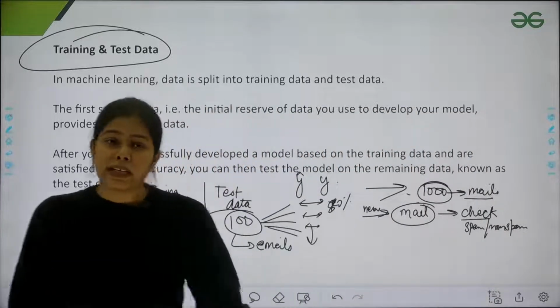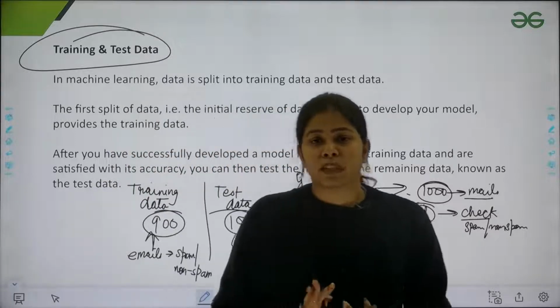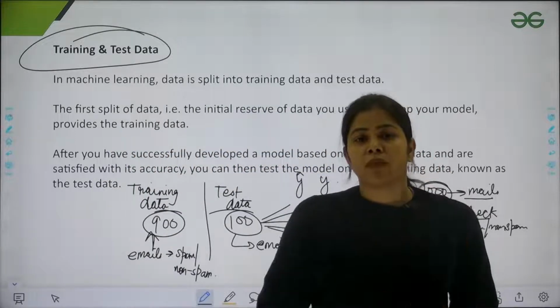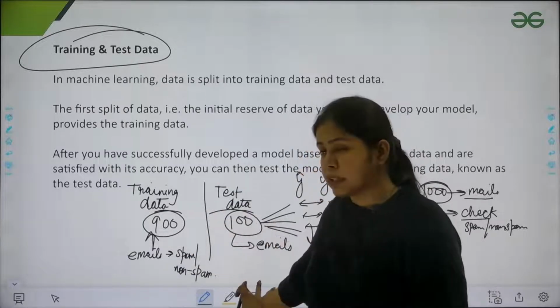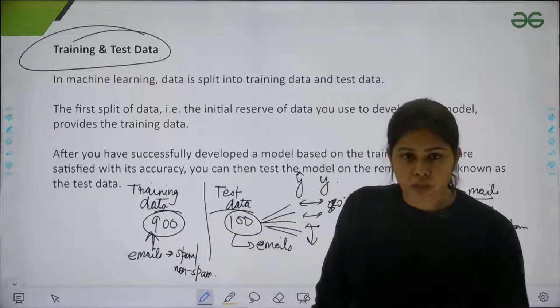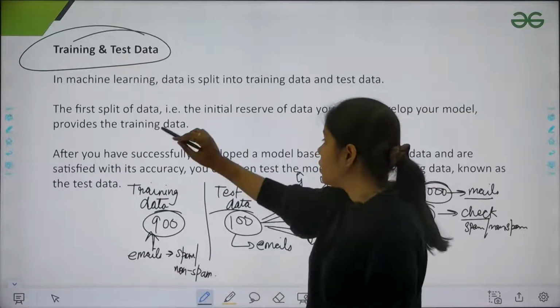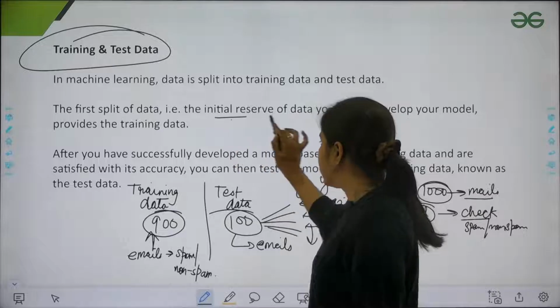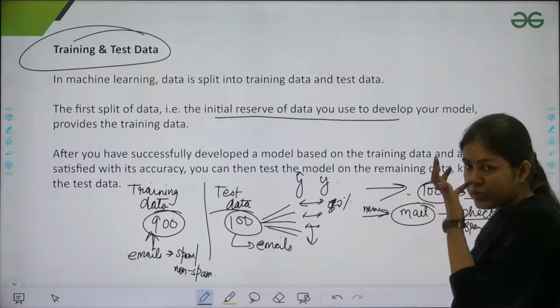So that's why test data is required, which helps me know whether my machine is working properly and giving me right results or not. Because if I do not give test data, I do not have the option to check how my machine is performing, right? The first split of data, that is the initial reserve of data you use to develop your model, provides the training data, right?